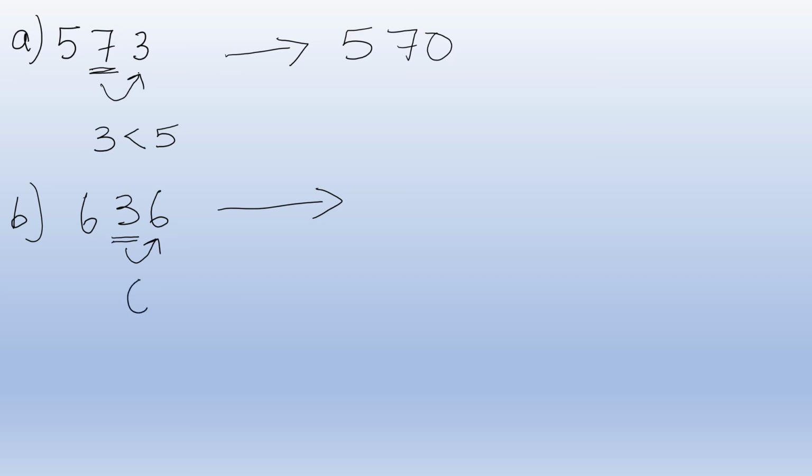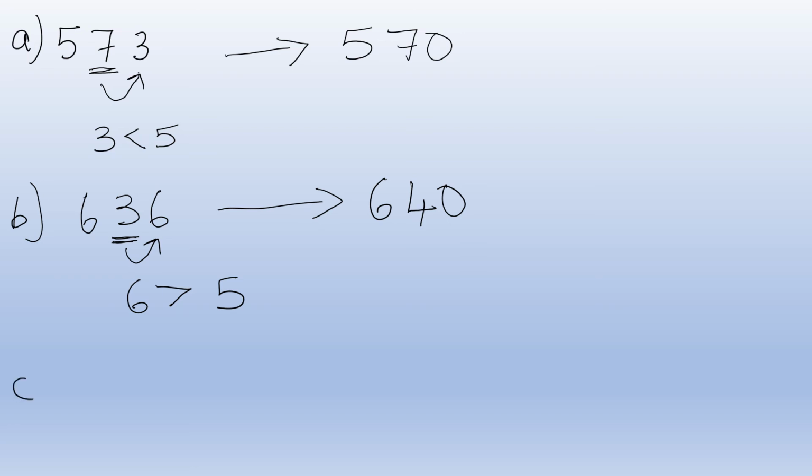And you know 6 is greater than 5. So you can round up. So what will happen? 36 will be rounded to 40. So you will get 640. Okay. You will increase the digit in the tens place by 1 if the digit lying to the right of it is 5 or greater than 5.